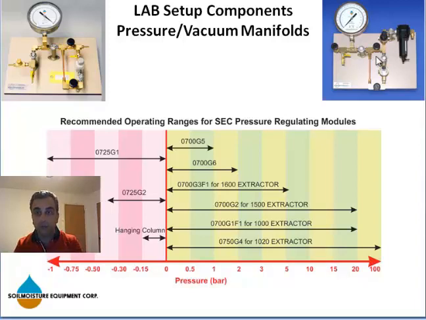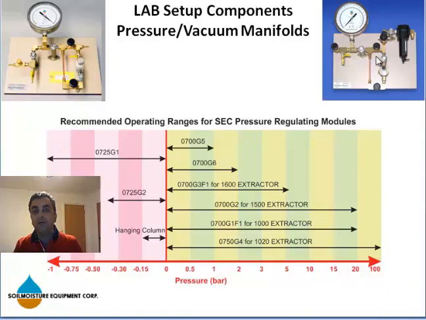Well, that is true, but another even more important role of a manifold is to stabilize the pressure or vacuum. In other words, when you adjust vacuum, for example, to 0.5 bar, the needle should not fluctuate for the duration of your experiment or measurement campaign.